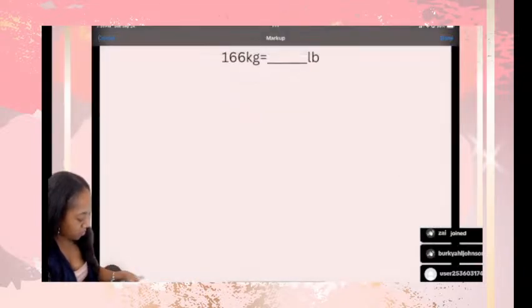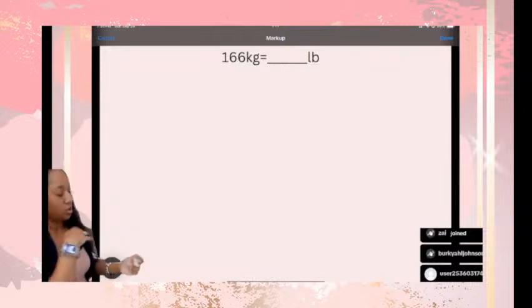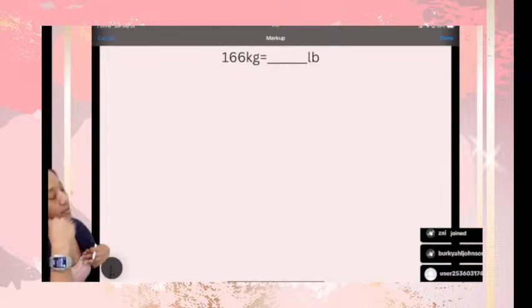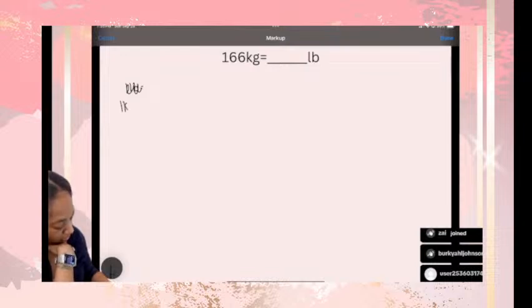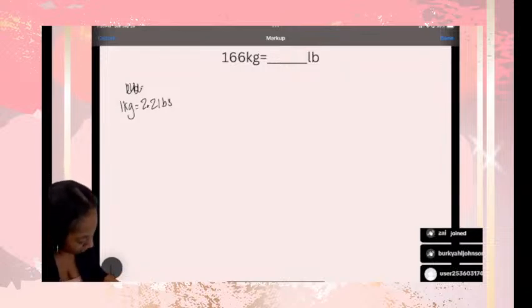Alrighty. So now we've got a kilogram to pounds. When we write our conversion out, 1 kilogram is 2.2 pounds, okay? We're looking for pounds, so we'll do 2.2 pounds over 1 kilogram.